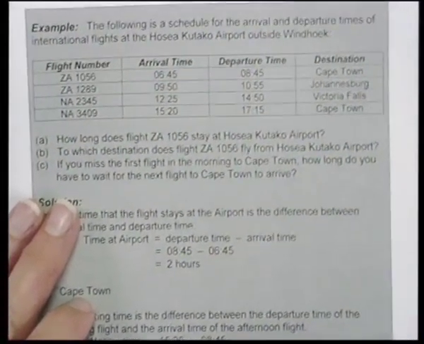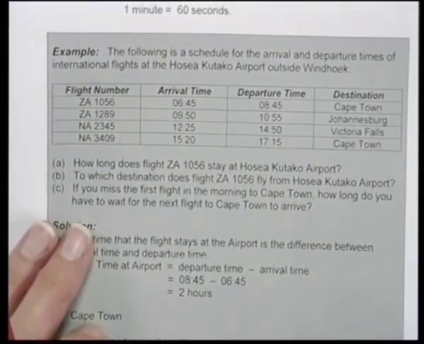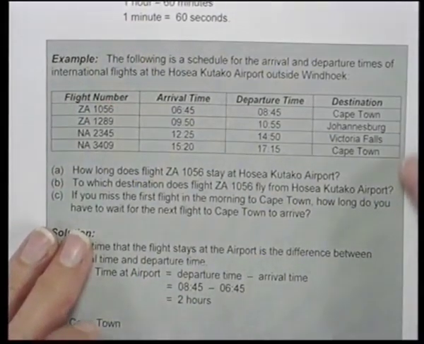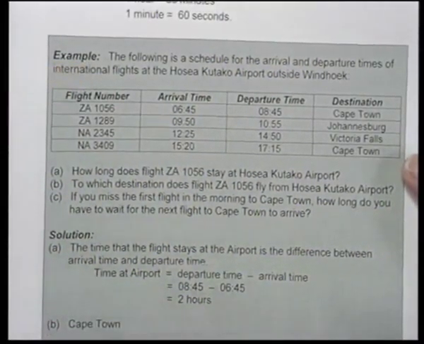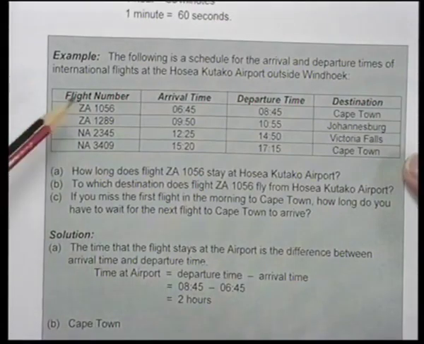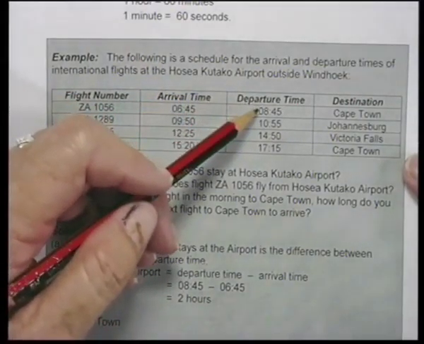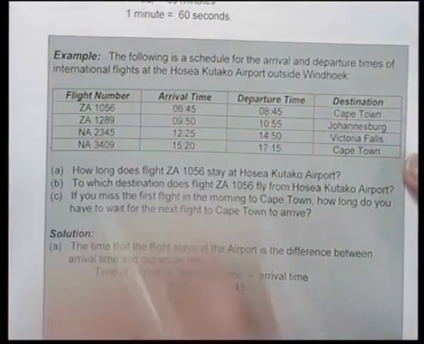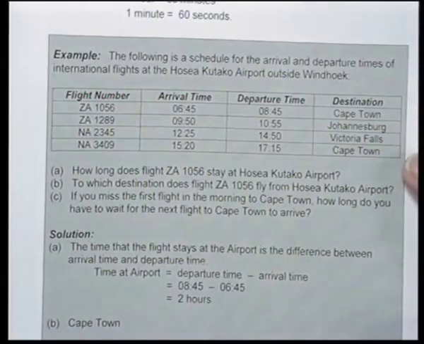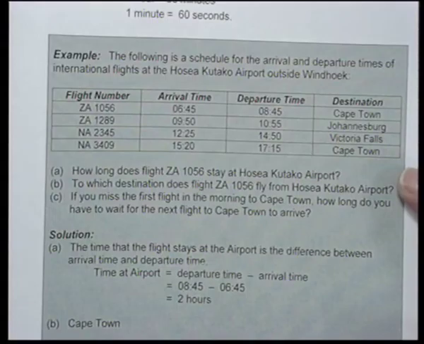So they must be able to do this and to read these schedules. This is a schedule of the arrival and departure times of international flights at the Hosea Kutako Airport outside Windhoek. There are the flight numbers, the arrival time, and the departure time, and where the people are going, to Cape Town or Joburg or Victoria Falls or Cape Town again.